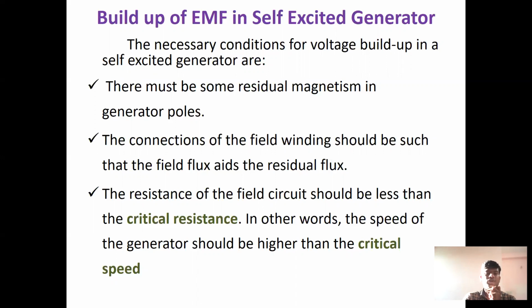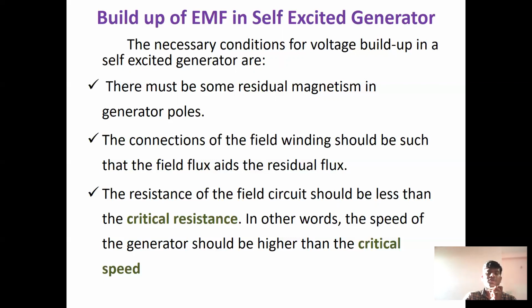That voltage is called no load voltage. It develops due to the residual magnetism property. This residual magnetism can develop the field flux, and due to the field flux, they develop the speed. That's why they develop the EMF in the generator.